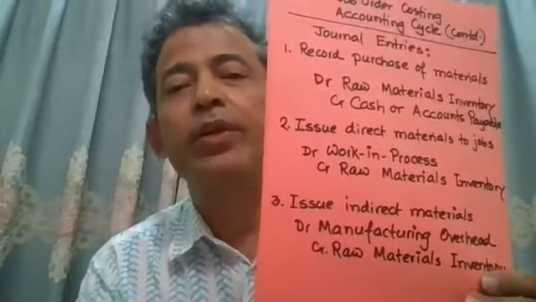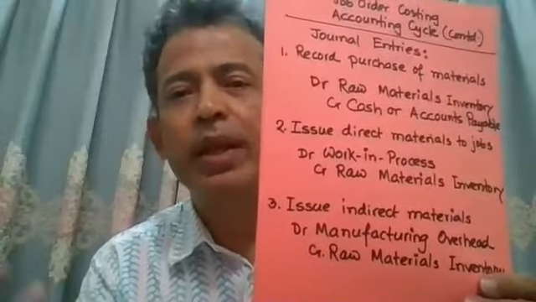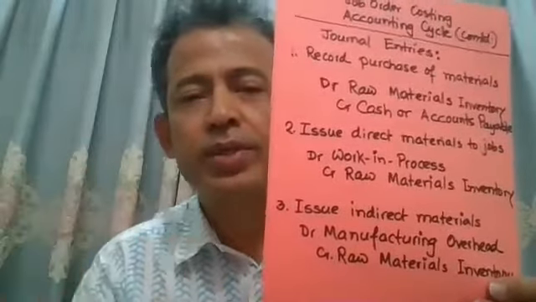When we issue indirect materials, like say cleaning agents, polishing agents, materials that are not going to be included, if you do a physical verification of the product, you will not see the existence of indirect materials, but you'll see the existence of direct materials. I think we've made the distinction clear before in the previous video. The direct costs or direct materials are the ones that are traceable in the product.